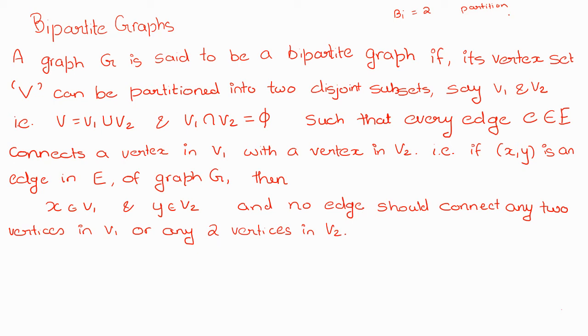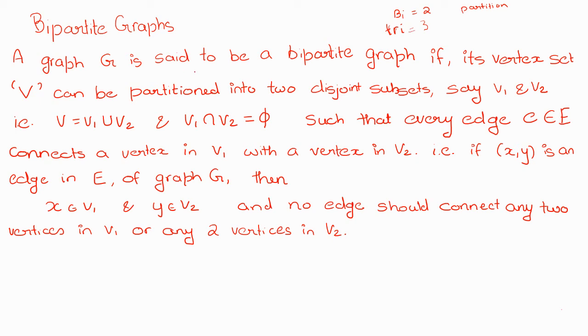Therefore, two partitions of what? Similarly, as bipartite, we can have tripartite, tri meaning three. So that is bipartite, two partitions. Two partitions of what? We'll see.